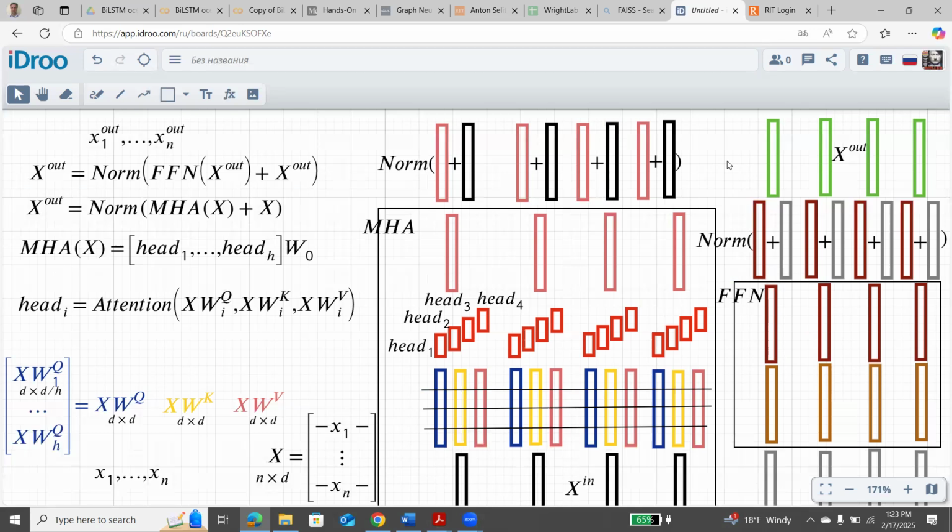Here we don't have this. So in a transformer, we also should introduce so-called positional embedding. I didn't visualize it here, but in addition to input embeddings, we also use position embedding.